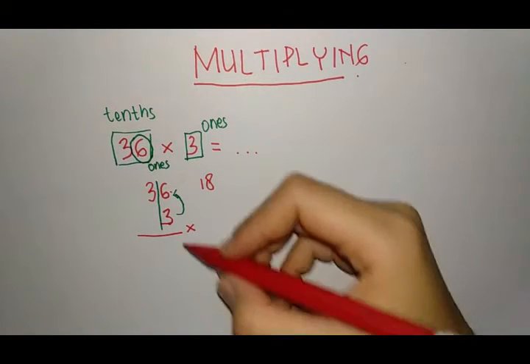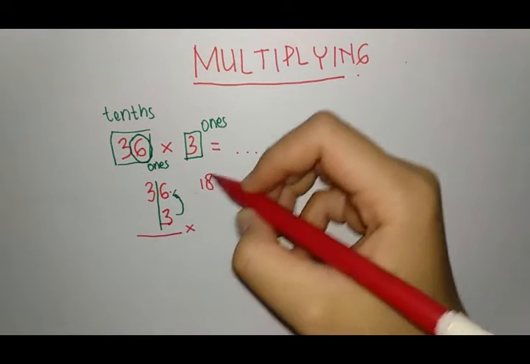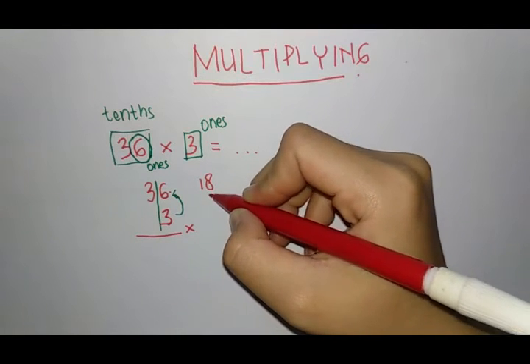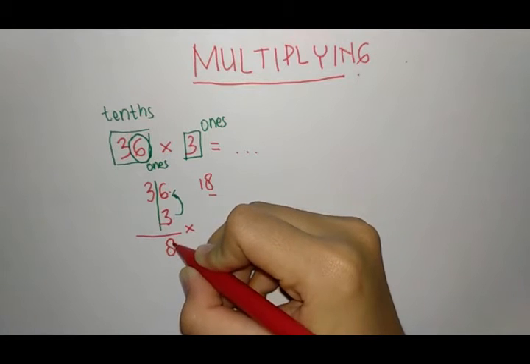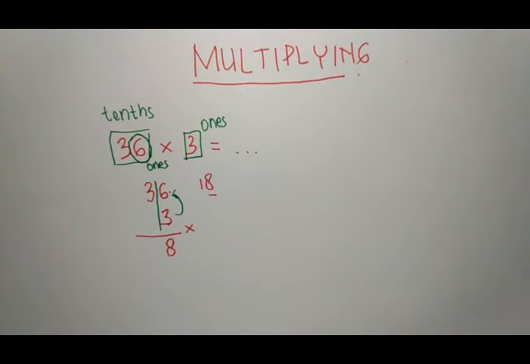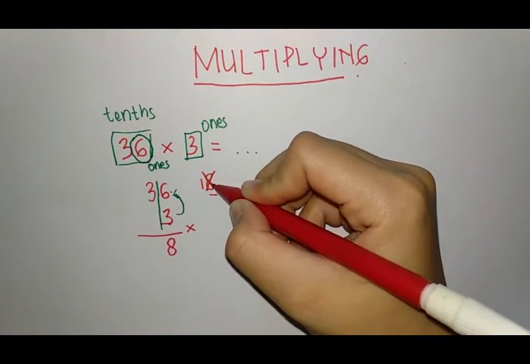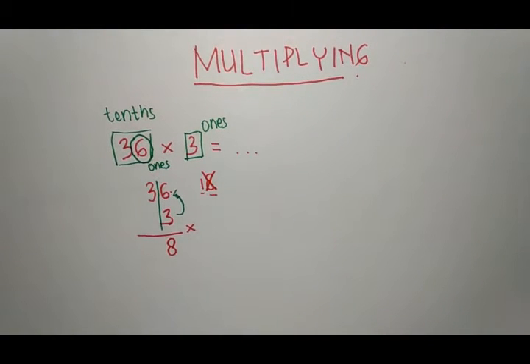But this is for the ones position. From 18, the ones is 8, right? So we have to place 8 under the 3 in the ones position. Okay, so we can erase the 8. We still keep the 1.